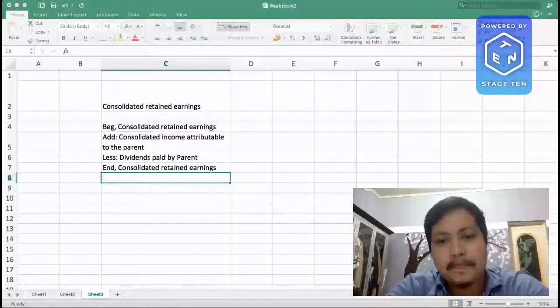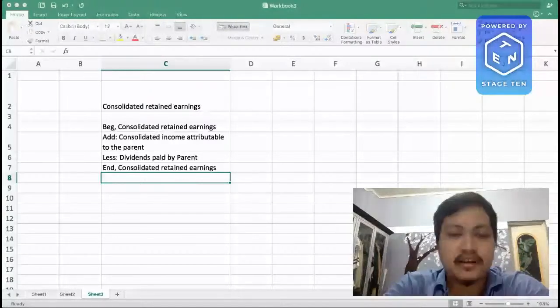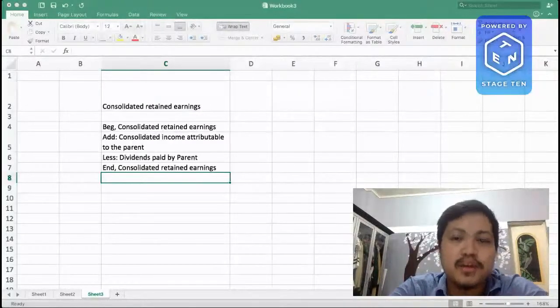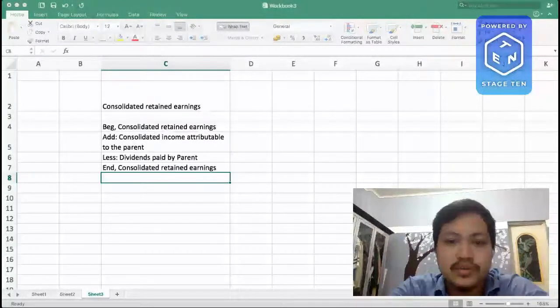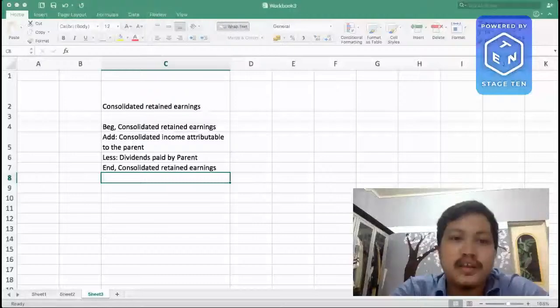So the full operations of the subsidiary should be reported in the financial statements. But the reason that we are only adding the income attributable to the parent, meaning not the full income of the subsidiary, is because the share of the NCI in the income of the subsidiary is to be reported in another account, particularly your non-controlling interest account.